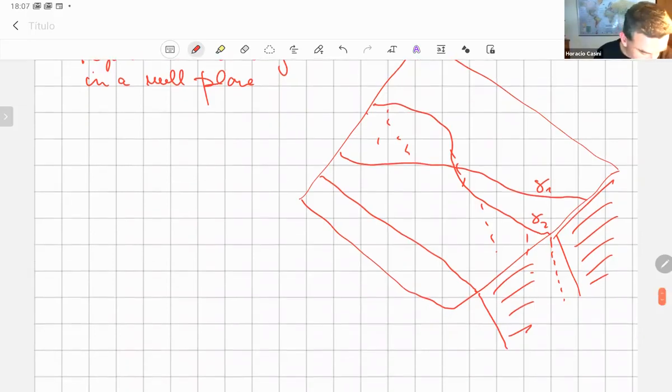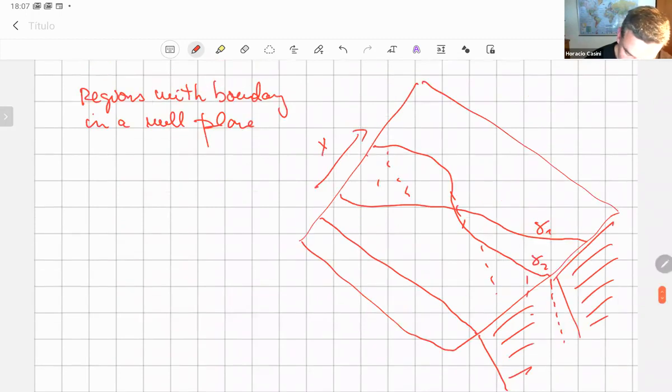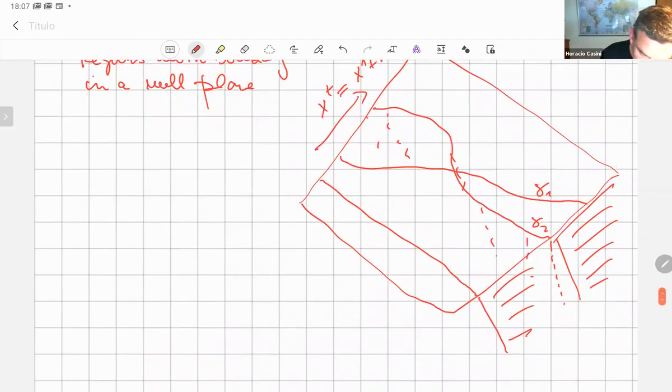And what happens for these curves is that on the null plane, let me call this coordinate x plus. It's a null coordinate. If you produce a boost, it will move x plus to lambda x plus with lambda positive.